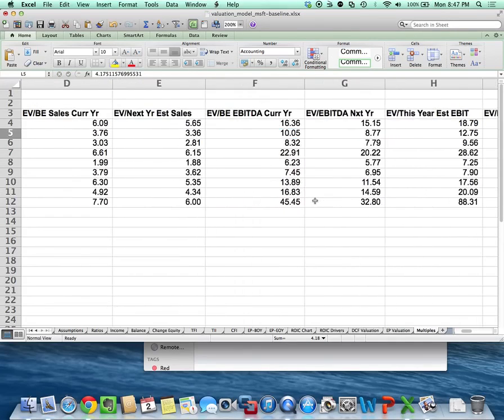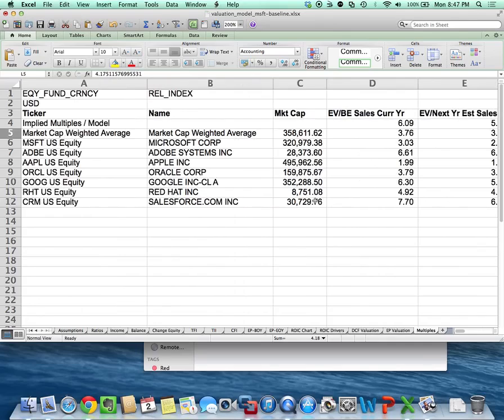Right? So here's the point of the implied multiples. When you do section 4 of your presentation and of your paper, you do your as-is valuation. You give me your assumptions. You do your final valuation. You give me the change in the assumptions and why you made those changes.